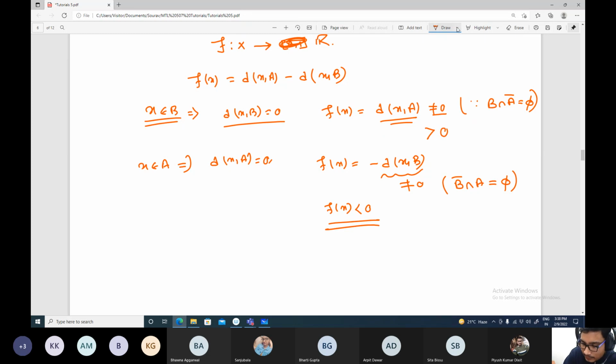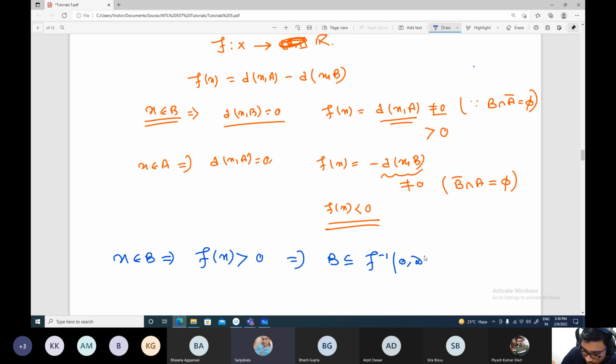Now what does this imply? The first one: x belongs to B implies f of x is greater than 0. So can we say B is a subset of f inverse of 0 comma infinity, right?